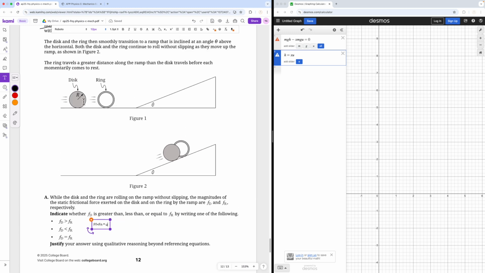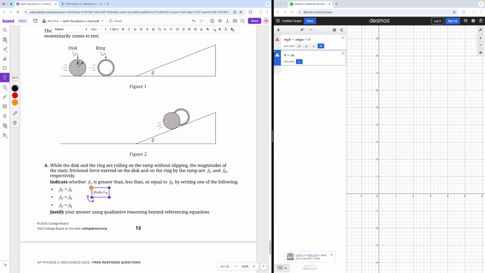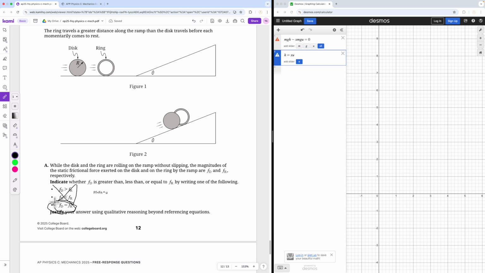But look at this. We have the exact same material for both the rings. So at the point of contact, we have the same materials and we have the same mass, meaning our normal force is going to be the exact same. Therefore, your force of friction is going to be the exact same for both. Fd equals Fr. Let's cancel these out. And my reasoning is going to be here.